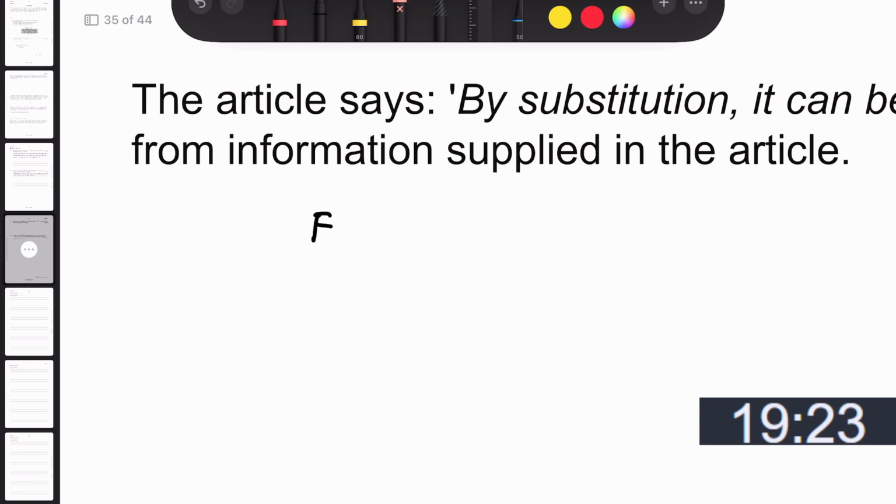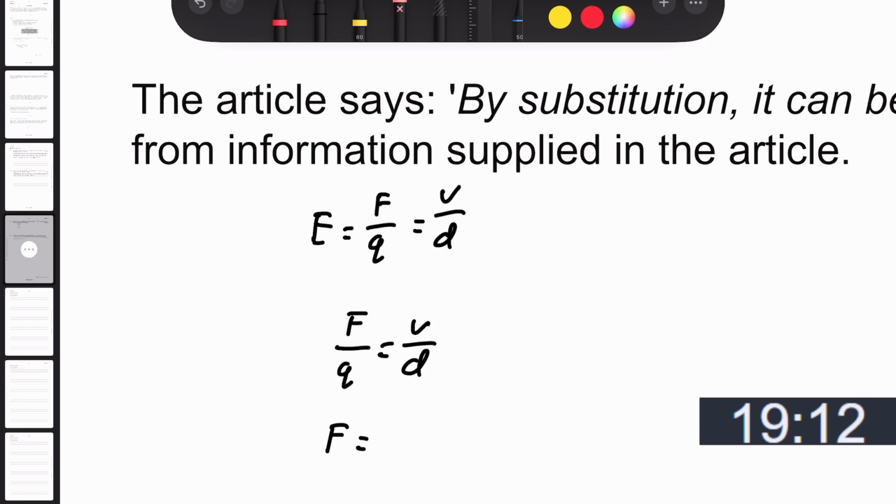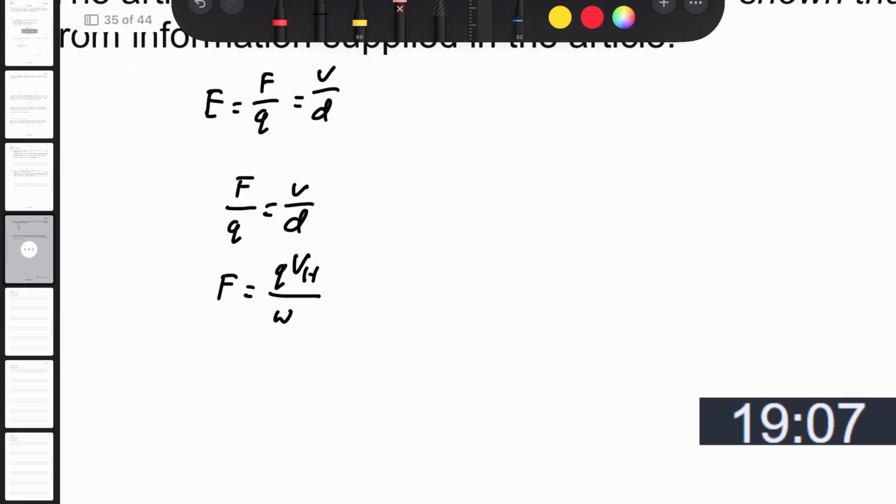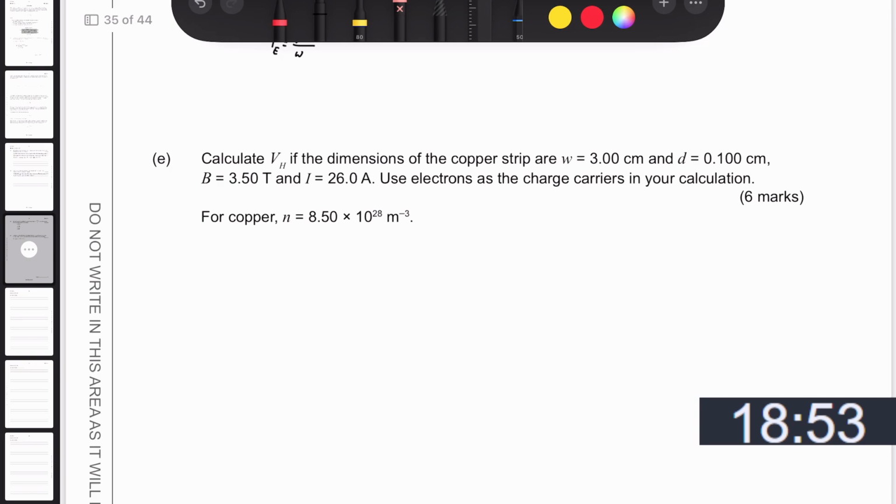Let me do that. So E equals F over Q is V over D. So then F over Q is VD, so then F is equal to Q V_H over W, something like that. And then, calculate V_H if the dimensions are that and that. Copper strip. Use electrons as a charge for copper.